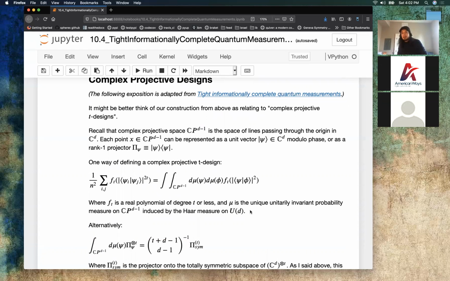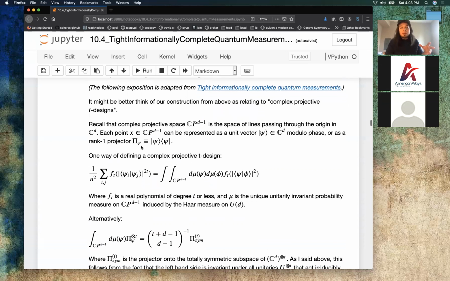And so some people like to use a slightly different set of terms. They don't want to call it a spherical T design, but instead a complex projective T design. Because really, at this point, we're working with complex vectors, but they have to be unit norm. And also, we don't care about the phase.